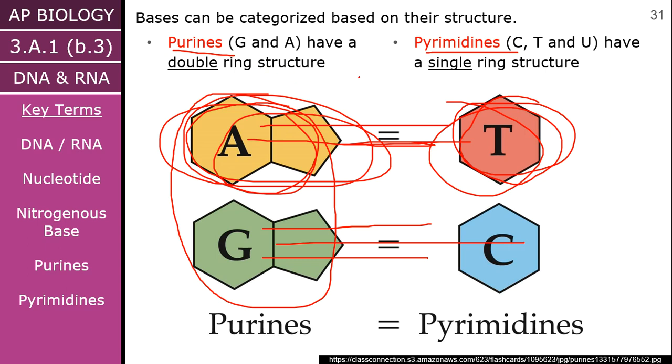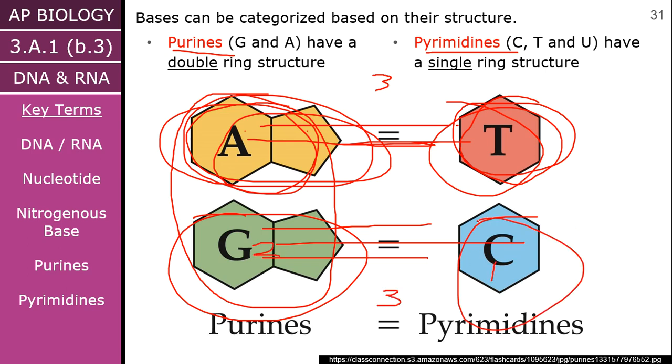I'm going to say this has a width of 3 because there's 3 rings here. Whereas G is a big boy and C is a small boy, so here's 2 rings, here's 1 ring, and that's also going to have a width of 3. So this is why DNA has a consistent width all the way around. It's not a ladder that goes wider and narrow and wider and narrow. It's going to be all the way down the same width.